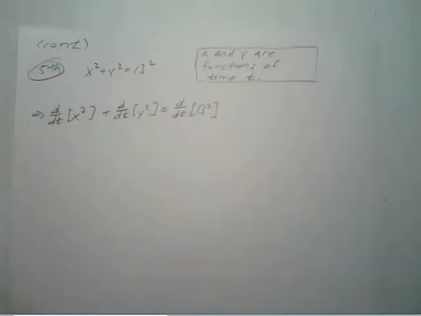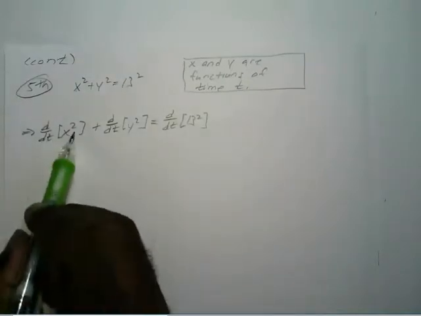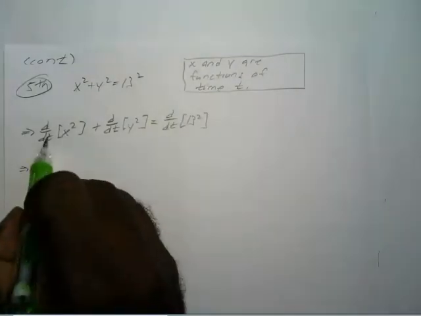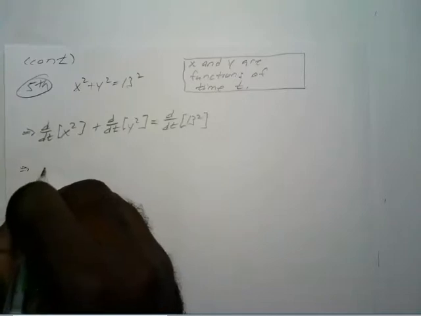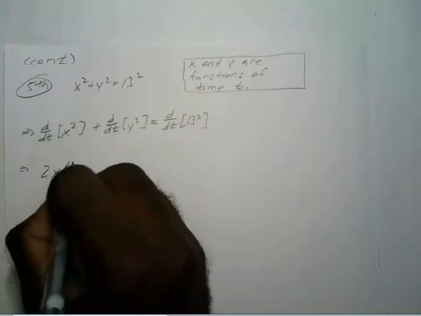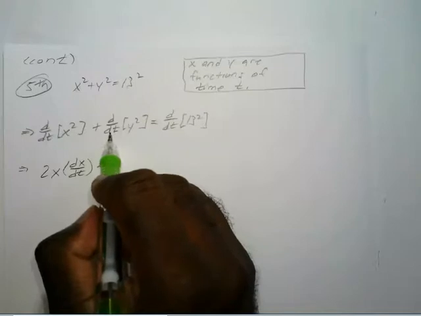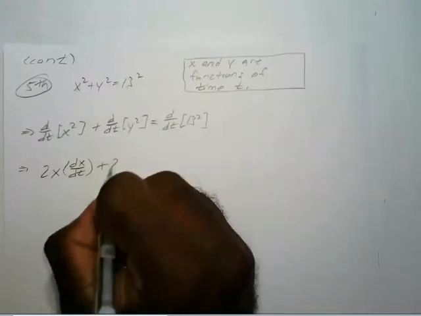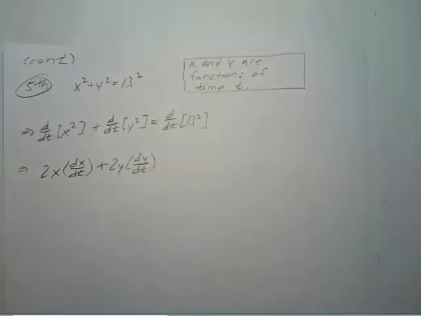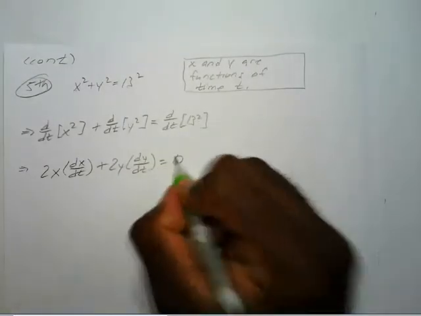The derivative of x squared with respect to t, if you remember your implicit differentiation, you take the derivative of the whole thing, so that's 2x, times the derivative of what's inside, dx/dt. Plus, same thing with y: the derivative of the whole thing, so you have 2y times the derivative of y with respect to t. And that equals the derivative of a constant, which is just going to be 0.